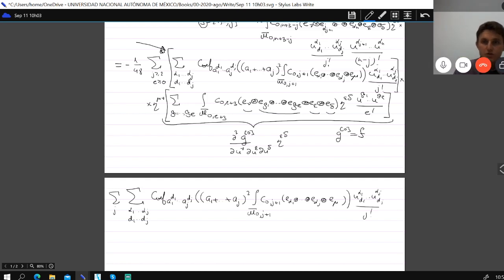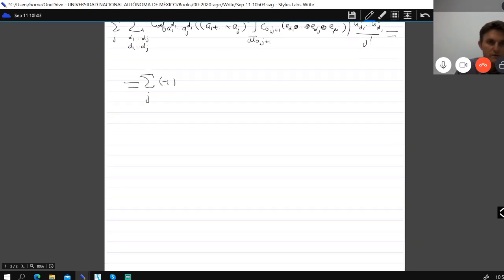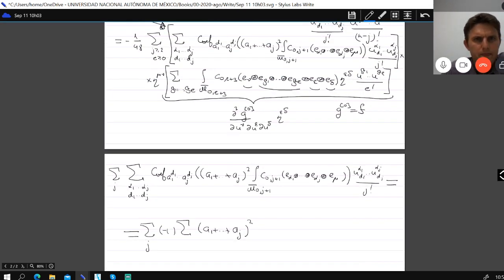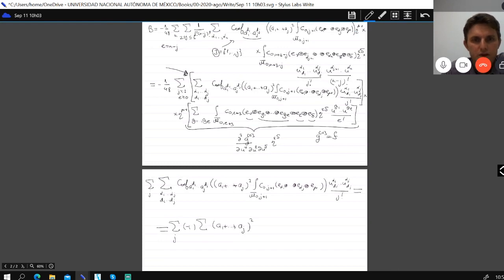But then let us go to the p variables again. So what will we get? We will get that this is sum over j, minus 1. And then you get sum a1 plus aj. I forgot to write this when I wrote at the beginning, but this is fine.